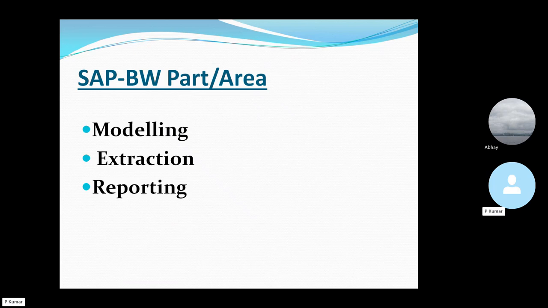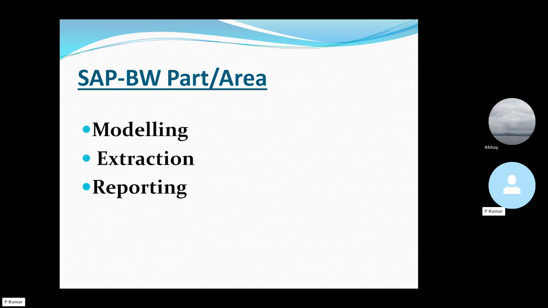For understanding, mostly these are the three parts of BW: modeling, extraction and reporting. As we know, BW or BW 4 HANA is an ETL tool plus reporting tool. ETL means extract, transform and load the data. So modeling is part of the ETL, extraction, and finally reporting.